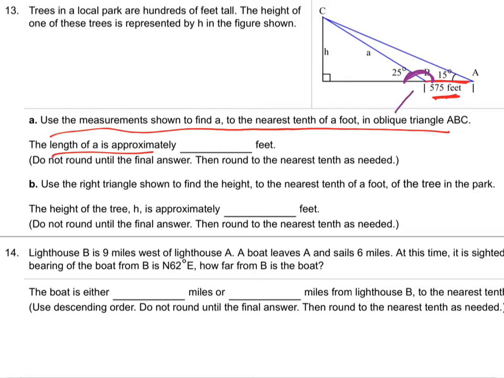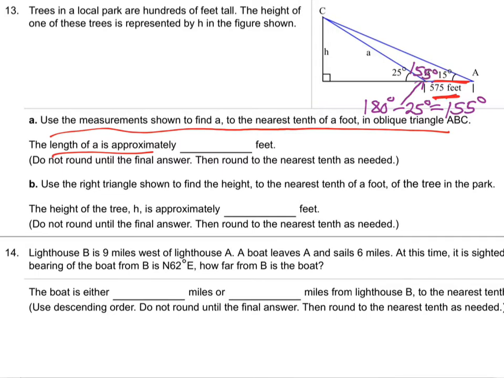So this other angle has got to be 180 minus 25, and that's 155 degrees. So this other one's got to be 155 degrees. There we go, 155 degrees.